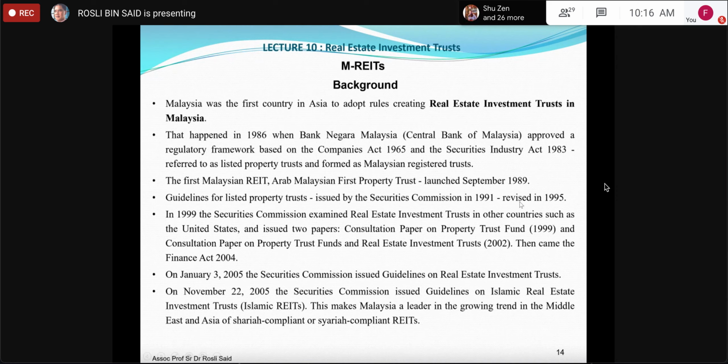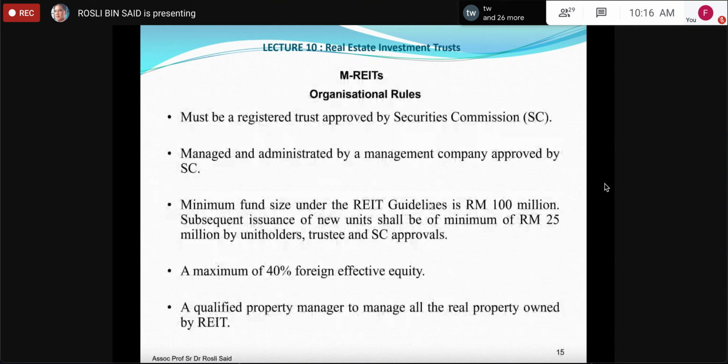The same thing for Islamic REITs. They started in 2005, while the conventional ones started in 2004. From 2004 to 2005, now we have about 18 REIT companies, and about 5 of them are Islamic REITs. So basically, we are doing well now.